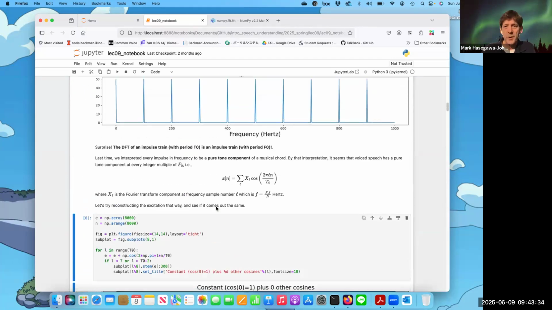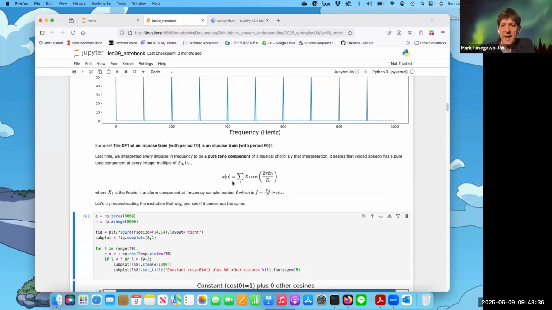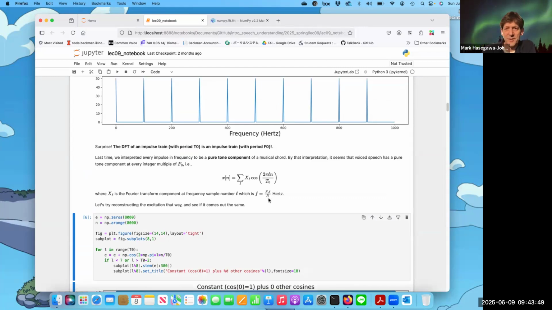So let me rewrite that. You can see that what I've written here is that x of n is equal to the sum over L of X sub L times the cosine of 2 pi L n over T naught, where X sub L is the Fourier transform component at F equals Fs L over N hertz.